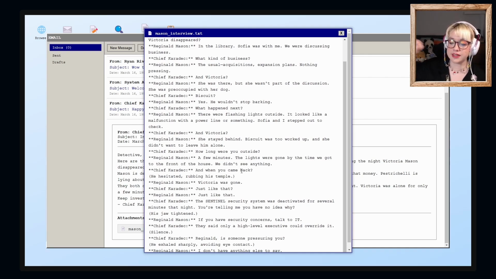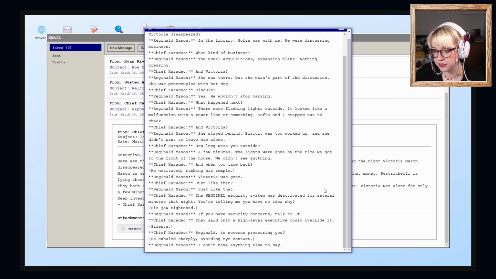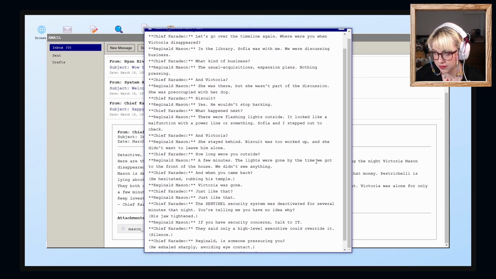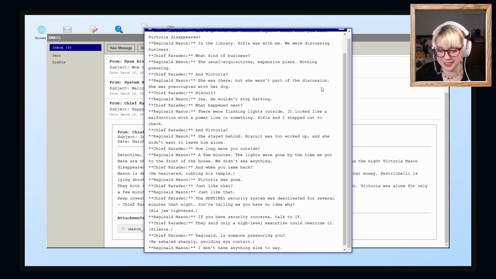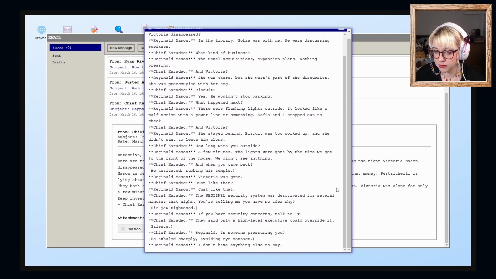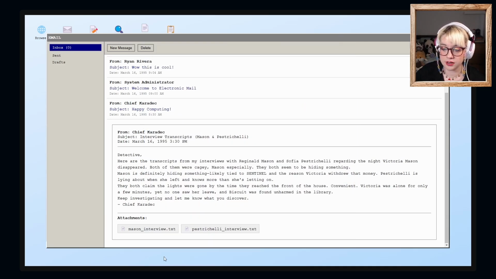They said they saw lights outside, and I made a joke about aliens. Why have I got two scrolly things? That doesn't feel like it's been very well optimized. What's going on here? When you came back, Tori was gone, just like that. The system was deactivated for several minutes that night. You're telling me you have no idea. I don't have anything else to say. Okay. They were right. They're being very cagey.